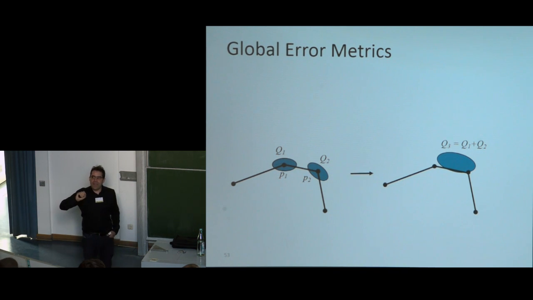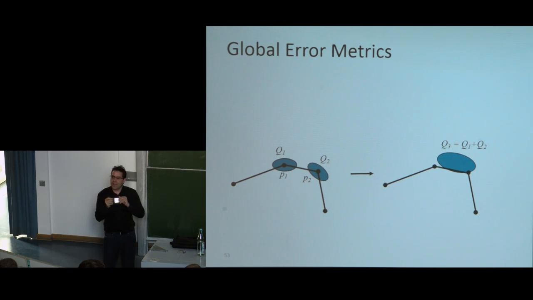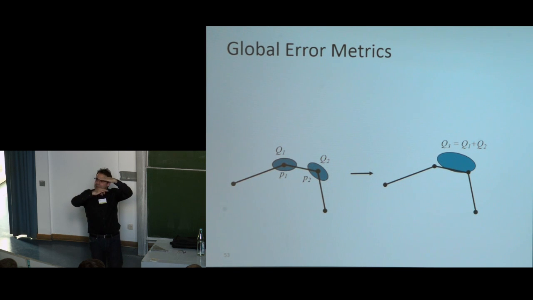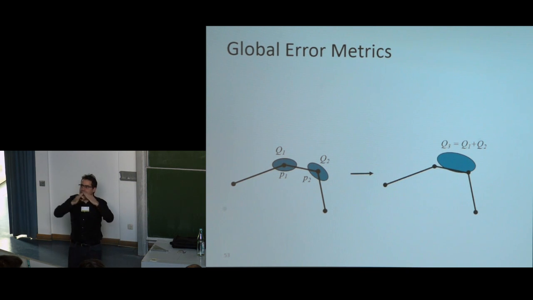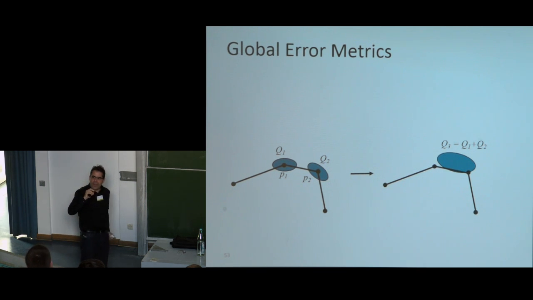That means that if, around the vertex, the surface is flat, this ellipse will be degenerate, completely flat. That means that when you move along the line, parallel to the two adjacent edges, the error will be zero.